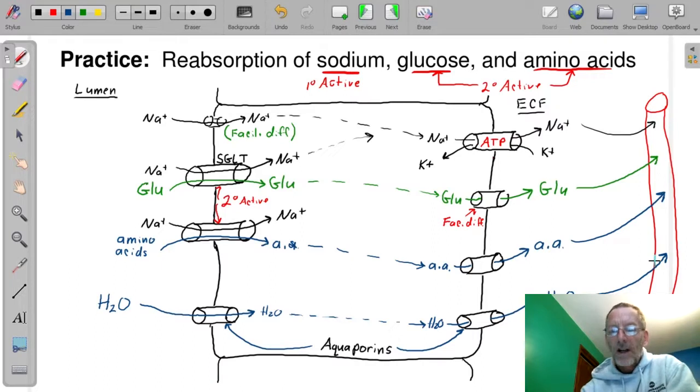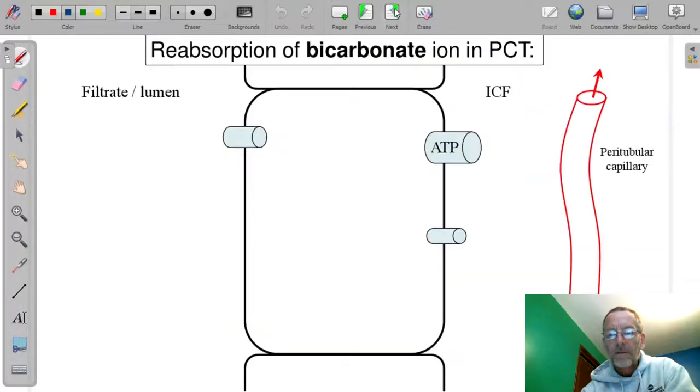Let's look now at the reabsorption of bicarbonate. So I've already drawn a few of the transporters in this story.